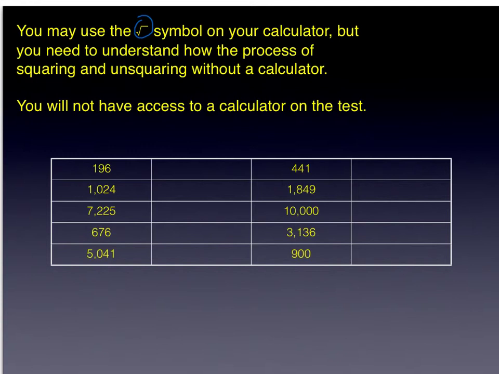So let's go through it. Have your handy dandy calculator out. If you're on your computer, you do a search somewhere on your computer for calculator. If you're on a Mac, it should be under applications, maybe even under utilities, but it's probably under applications. If you're on a Windows machine, it should be under accessories. In Windows, you go to Programs, Accessories, you should find a calculator in there. You can use that on your computer.